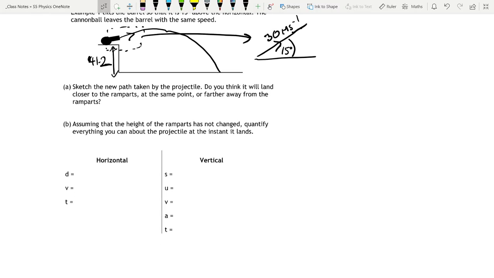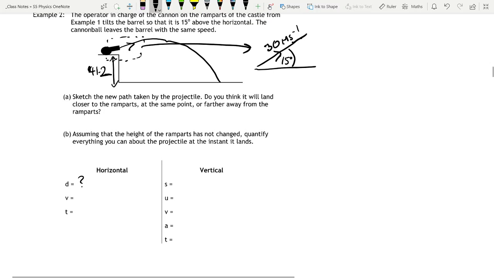So basically what it wants us to do is fill in all of this information. Right, so we don't know what distance horizontally it travels. Some of us think that it probably would be shorter, but we don't know. Speed, the horizontal speed. Now the horizontal speed is not 30, it's going to be 30 cos 15, because it's the horizontal component of the speed.